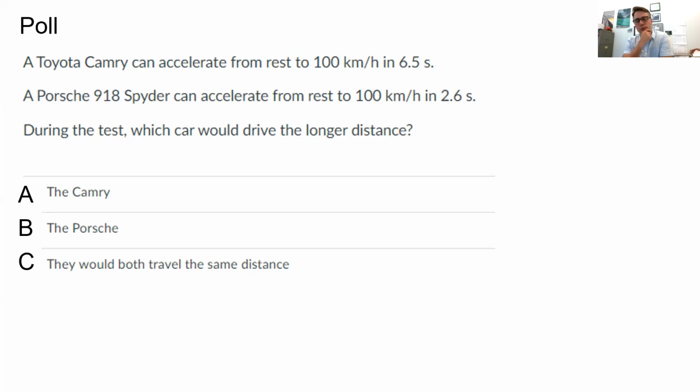The test ends once the car hits 100 kilometers per hour. It starts at 0, gets to 100 kilometers per hour. Which car travels further during the test? The Camry or the Porsche?